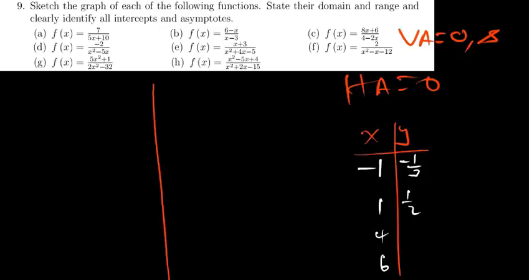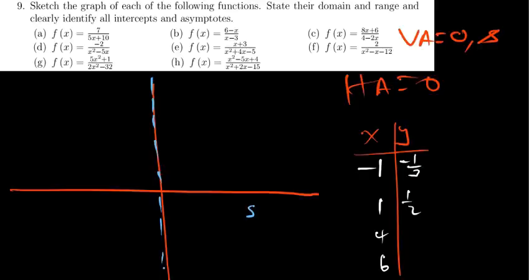I have at 0 my vertical asymptote, also at 5. Okay, at 5.